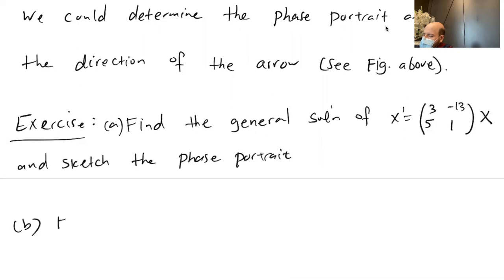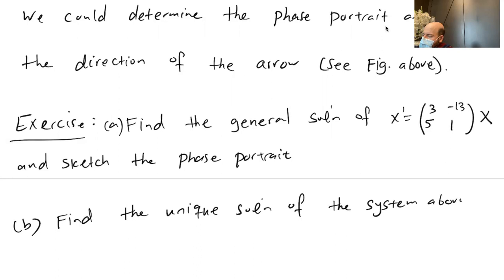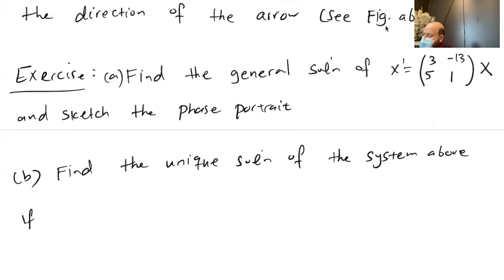Part B, find the unique solution of the system above, if x of 0, let's say, is equal to (5, 2).